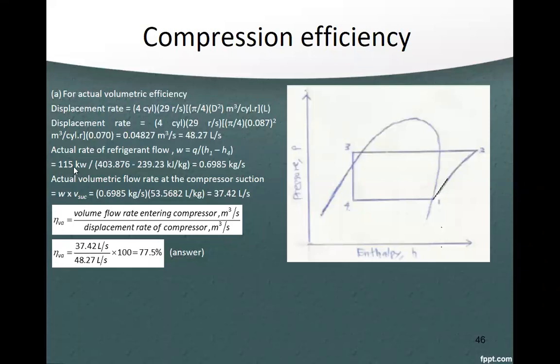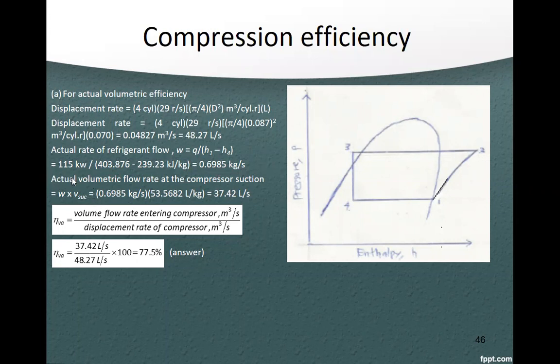So next, the actual rate of refrigerant flow is Q over h1 minus h4, or 115 kilowatts divided by 403.876 minus 239.23. So it becomes 0.6985 kilograms per second. The units here are kilojoules per second, so what remains is kilograms per second.